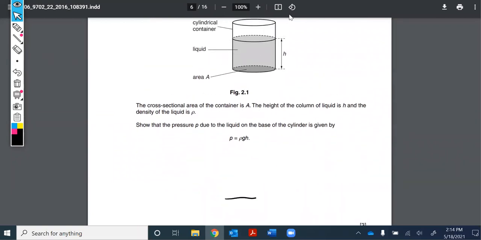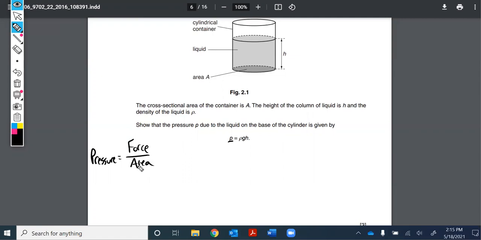All right, so let's think our way through this one. We should always start, if we're deriving something for pressure here, with the general definition of pressure. So we've got pressure in general, force per area.